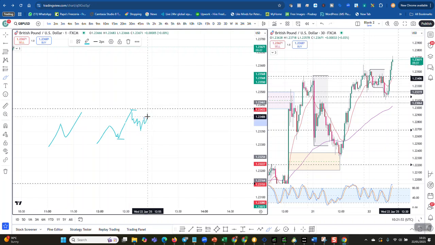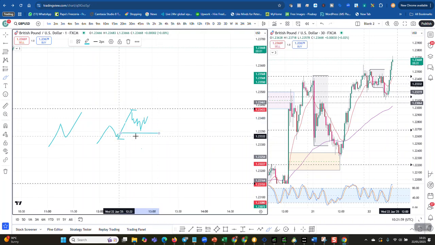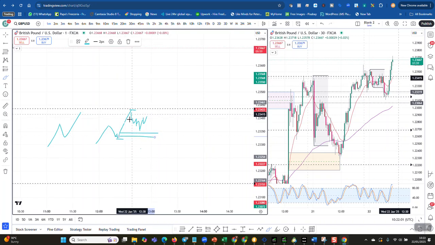Before your point of interest, try and see if price has formed some buildup of liquidity that gives you an area of high liquidity just above that POI in this situation. So what do I mean by that? You can see we now have this low here. We have all these lows.